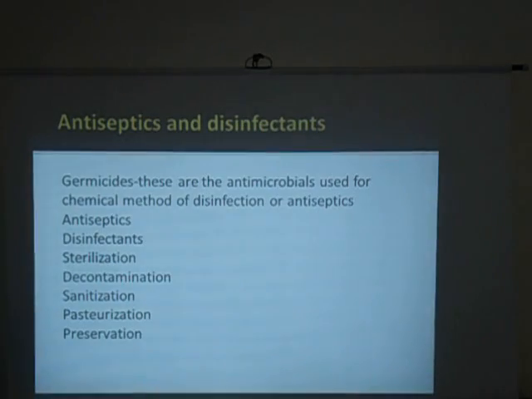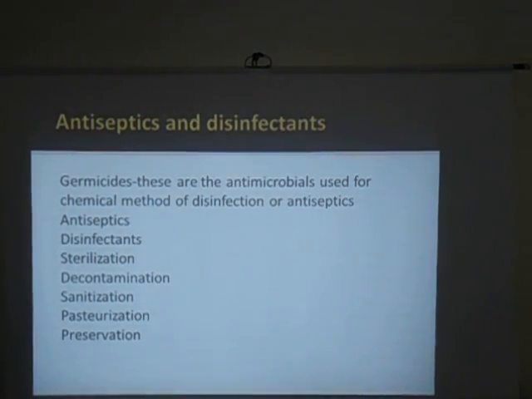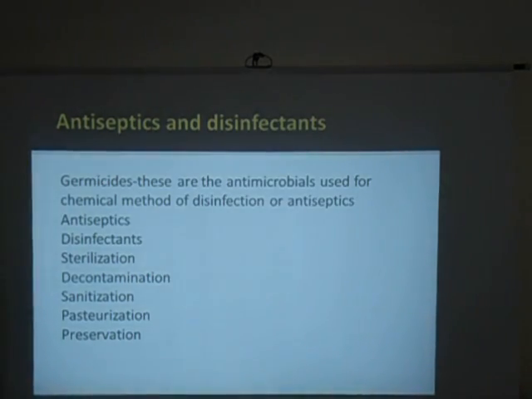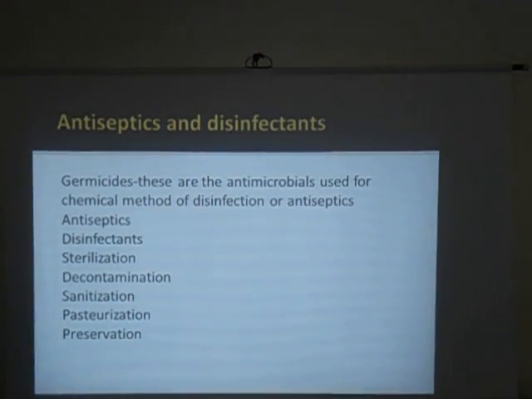Okay, so the common term for antiseptics and disinfectants is germicides. Germicides is the chemical method. Germicides are the antimicrobials used for chemical methods of disinfection or antisepsis. So disinfection and antiseptics are both related terms.